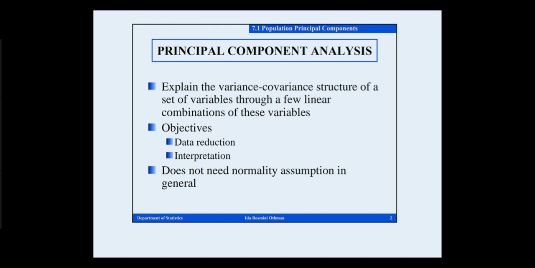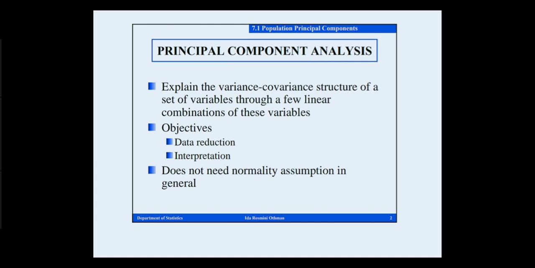So you will see later we need to calculate the correlation between the principal components and also the variables, so we can see which variables are more important to which of the principal components. And then the assumption of the principal component is it does not need the normality assumption in general.